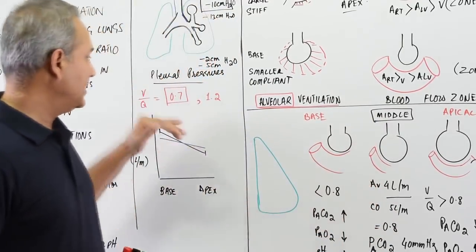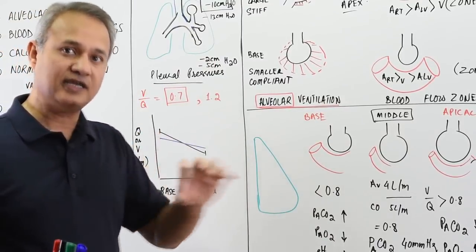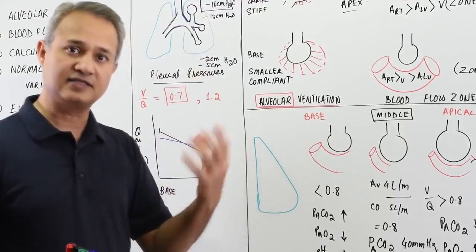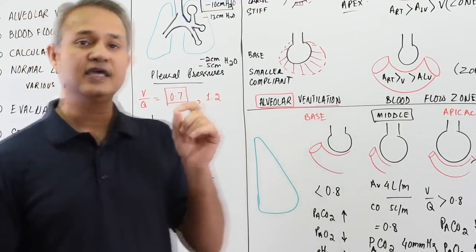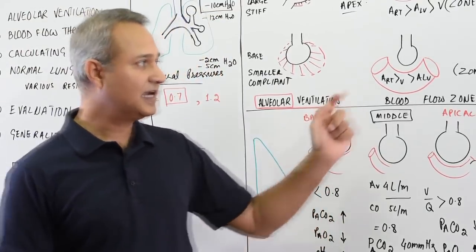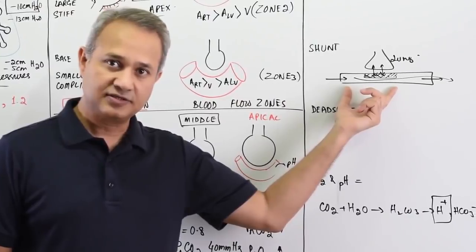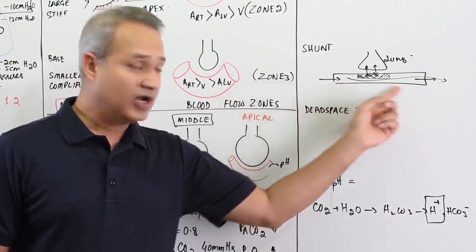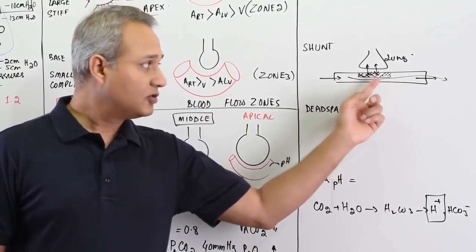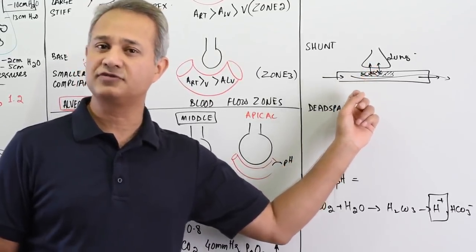But when the obstruction is not full and there is some blood that is still flowing and there is some air that is still coming in, then we'll say there is a component of shunt present. As I had discussed here, there is less gas present, more blood is present, so there is less surface area to exchange the blood gases, so there is a component of shunt.